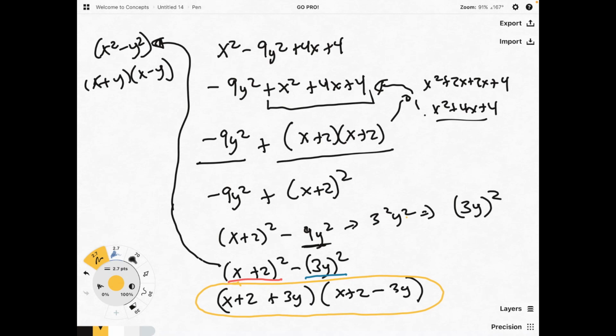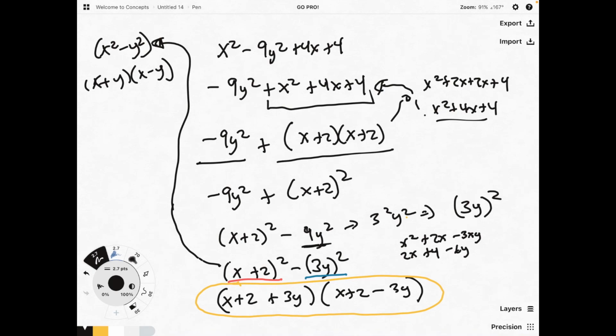And if we wanted to check our answer, we can multiply this out and simplify it to get the correct answer. I might be running out of space, but let me try it real quick. So with this, we're going to get x squared plus 2x minus 3xy. And then we're going to get 2x plus 4 minus 6y.